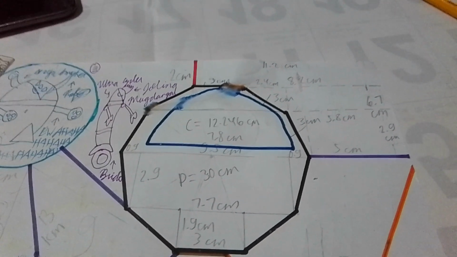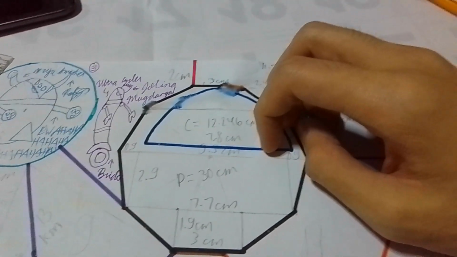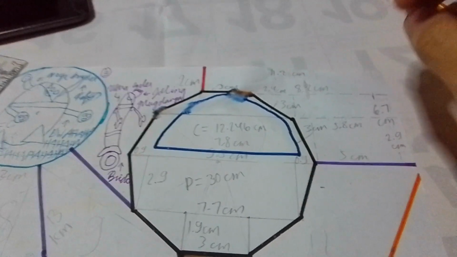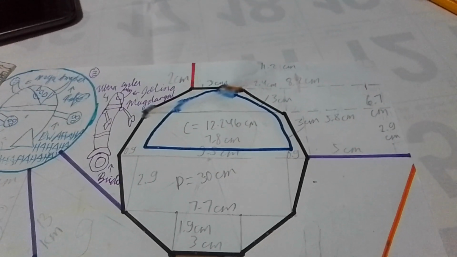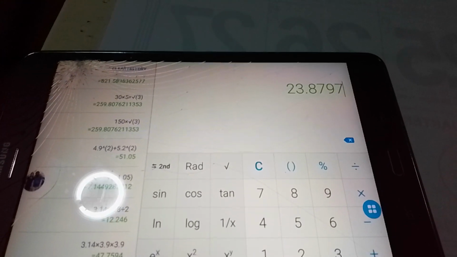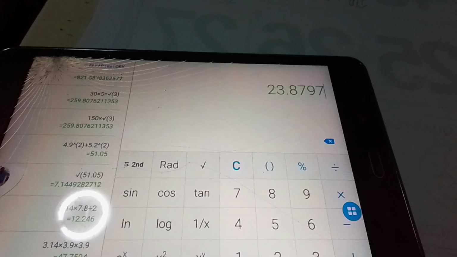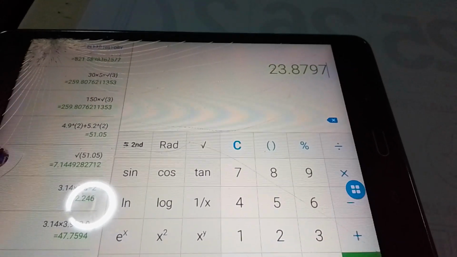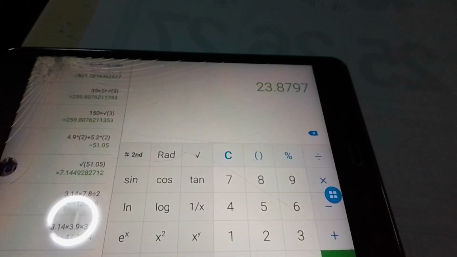Okay? So, what's the radius? If this is 7.8 as the diameter, therefore, our radius must be 3.9. So, 3.9 dapat yung radius namin. Ito dapat ang area ng half circle: 23.8797 square centimeters. Okay? So, ano yung formula ko? Ipindot ko ha.